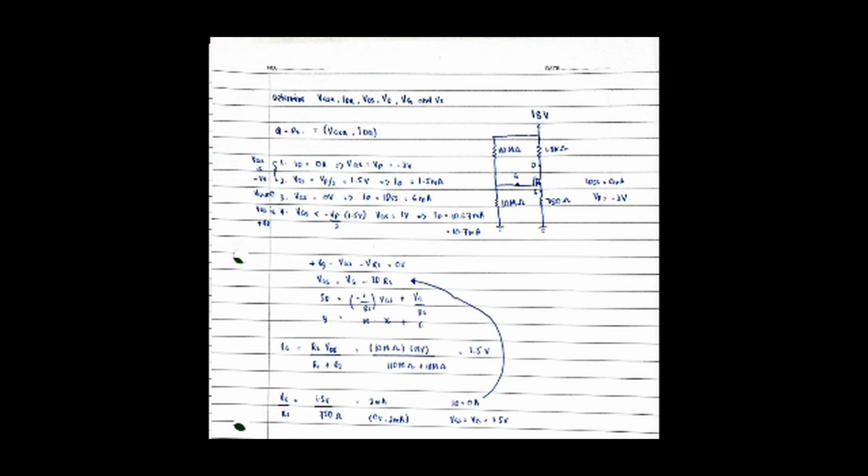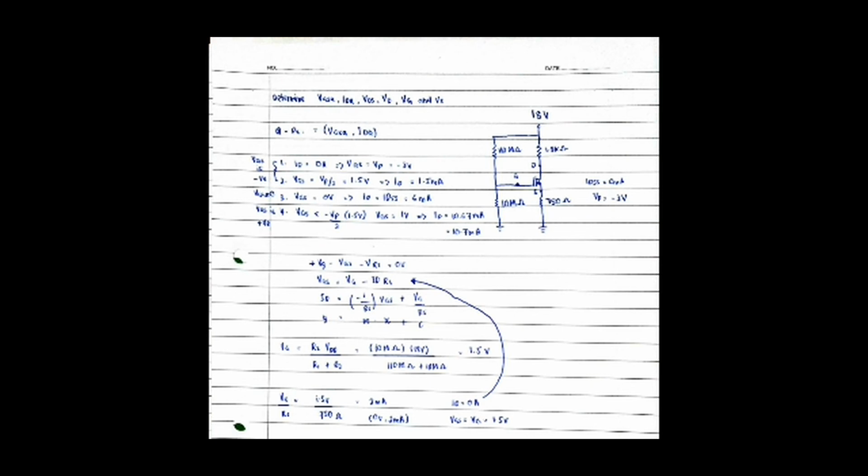First of all, when VGS is negative, ID is equal to 0 ampere when VGS is equal to VP, which is negative 3 volt, and then VGS equal to VP over 2, which is negative 1.5 volt, and the ID is equal to 1.5 milliampere.